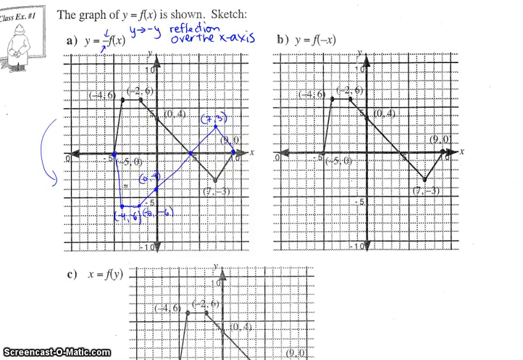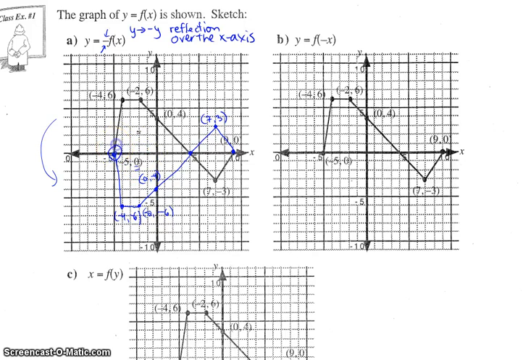Okay, let's compare our graphs. You'll notice negative 4, 6 went to negative 4, negative 6, and basically all our y coordinates went to the opposite sign, 7, negative 3, 7, positive 3. Now, there were 3 points on here that actually didn't change. And it makes sense, because if y changes sign and y is already 0, then negative 0 is still 0, right?